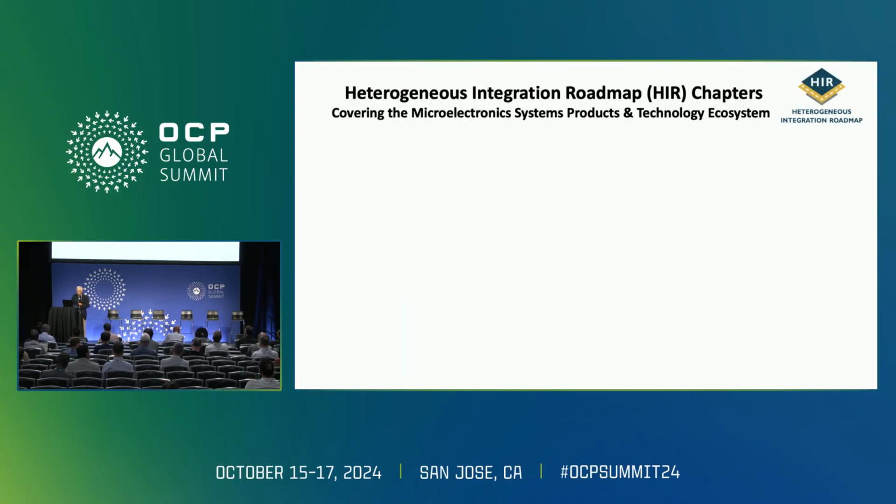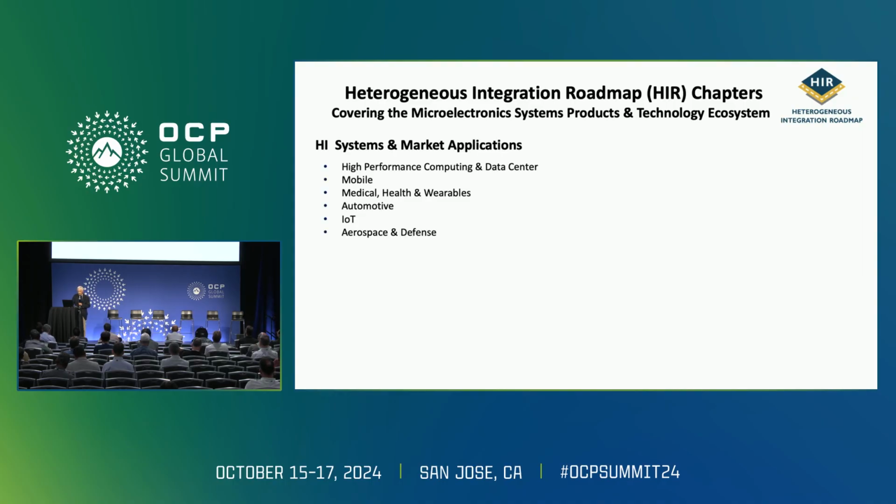So, the heterogeneous integration roadmap. When we designed this roadmap, we said that we want to start with a system approach: high-performance computing, mobile, medical health, automotive, IoT, aerospace, and defense.